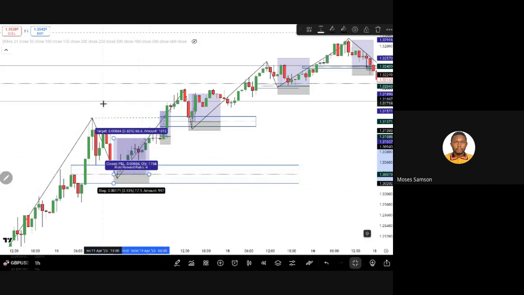So that is your risk reward ratio, which is showing right here. You're risking 1 to get 4. You're risking this 17 pips in order to get a profit of 68 pips. So 4 times 17.1 is going to give you 68.